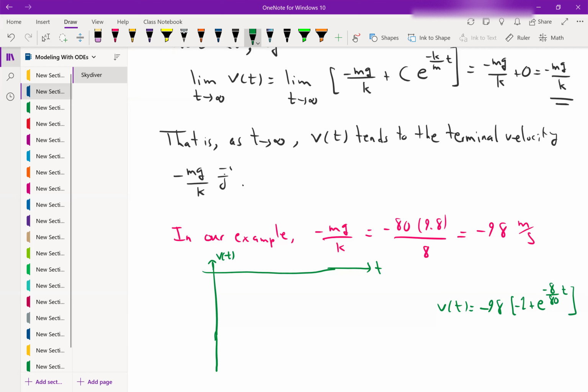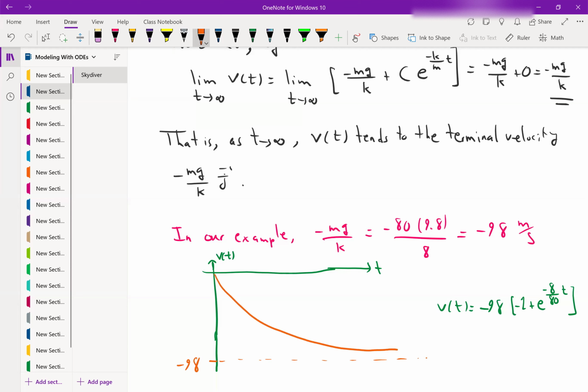This was the function representing the velocity of our skydiver. You can use MATLAB, or you can play with it a little bit. If you graph this function, this is the profile that you will see. It will look like this. Let me have negative 98 here. This will be like a horizontal asymptote. Your graph will look like this.